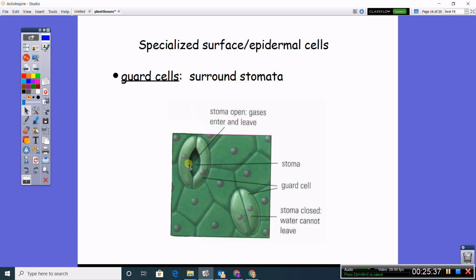So this is a guard cell right here, and this is a guard cell right here. So when we talk about transpiration, probably next week, we'll look into that a little bit more. But guard cells surround the stomata, and they are modified epidermal cells. So all those three cells that we just talked about, in addition to the cuticle, those are all modified from the epidermis.